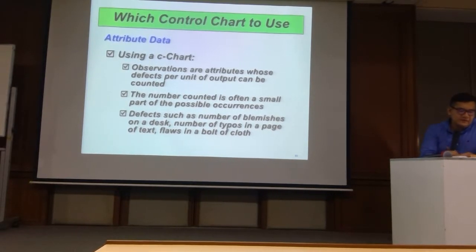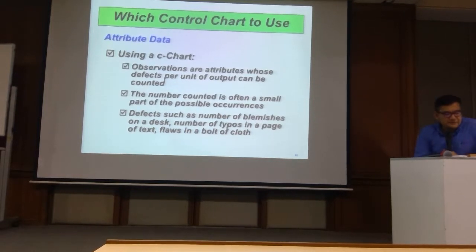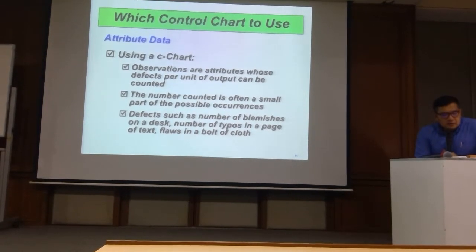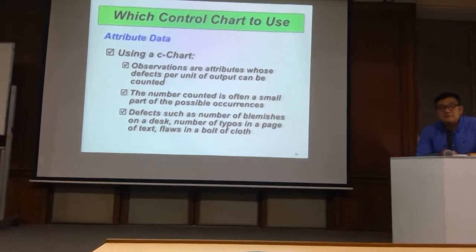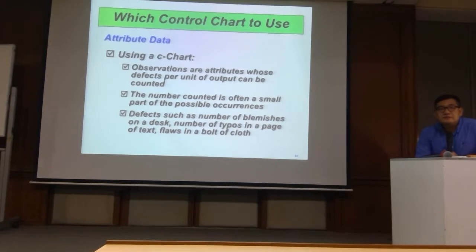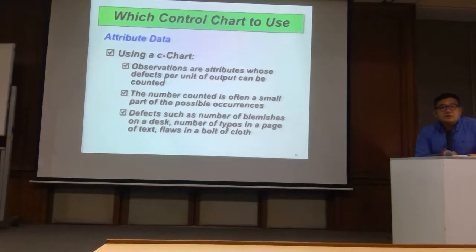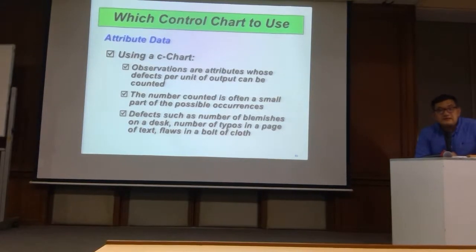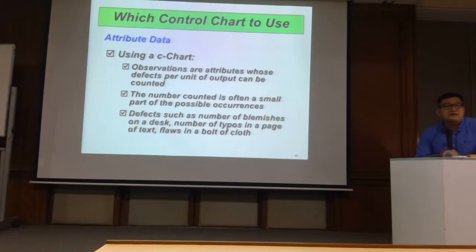So lastly, before we see the example, as I told you at the beginning, although our process is in control, we also prefer the process to be capable of producing output within the design specification. Because you can have the process in control, but the output of your process is not what the customer wants.